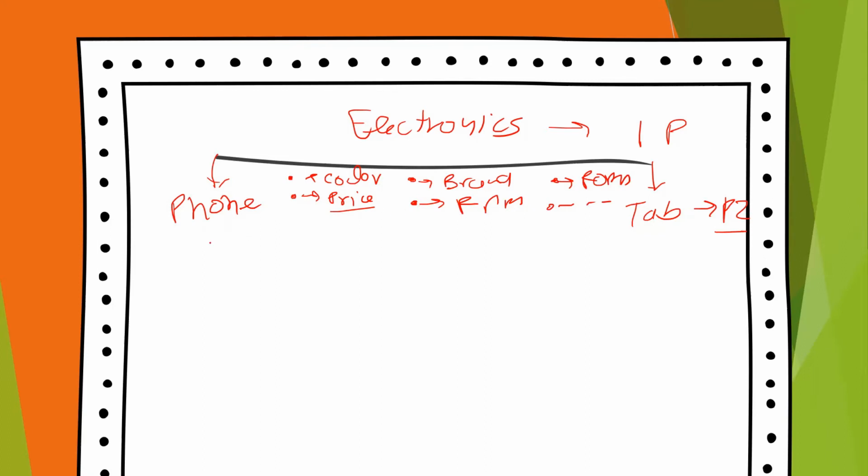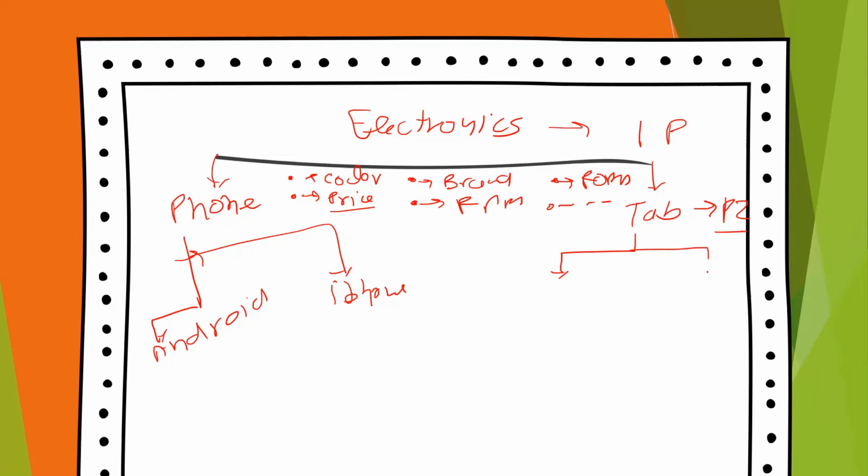After that, the phone we further divide into two parts: Android and the second one is iPhone. And for tab, maybe you can define it like SIM support, no SIM, doesn't support SIM.